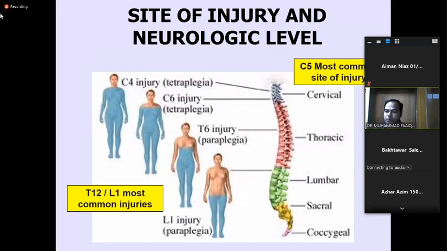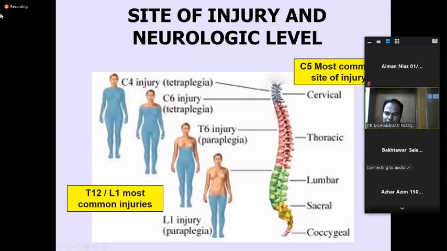As you know, the dorsal segment, that is the thoracic segment, is rigid and immobile, while the cervical and lumbar segments are mobile. So the junction of cervical and thoracic regions, and the junction of thoracic and lumbar regions, are prone to fractures and spinal cord injury.